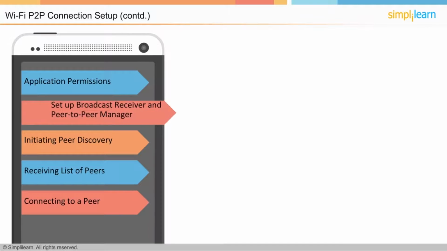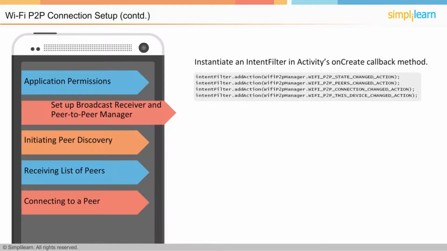To use Wi-Fi P2P, we need to listen for broadcast intents that tell our application when certain events have occurred. In our application, instantiate an intent filter in the Activity's onCreate callback method and set it to listen for the following. WIFI_P2P_STATE_CHANGED_ACTION indicates whether Wi-Fi P2P is enabled or disabled.